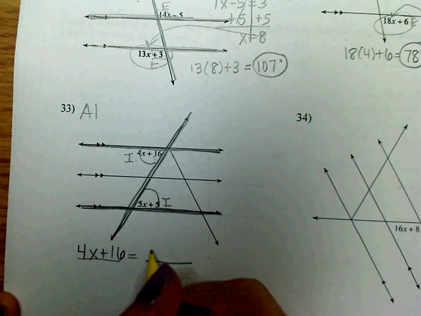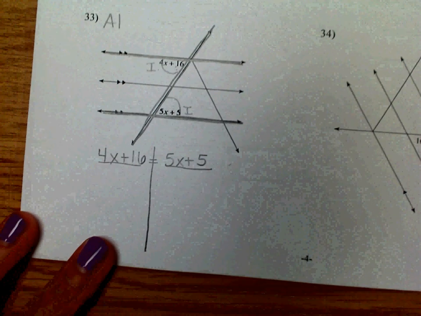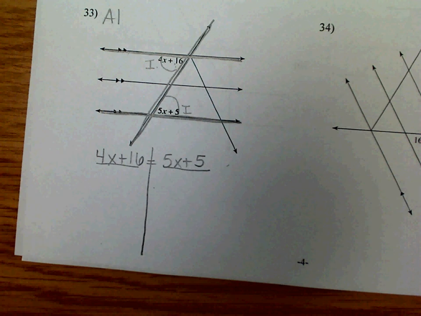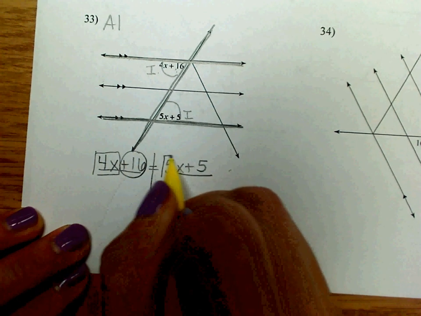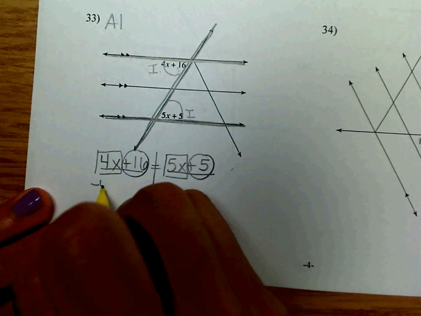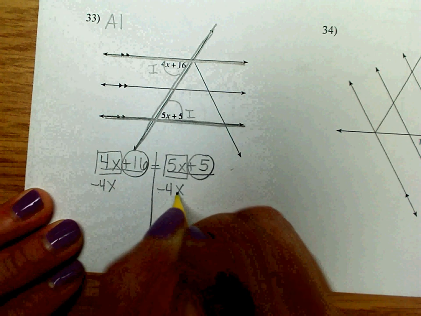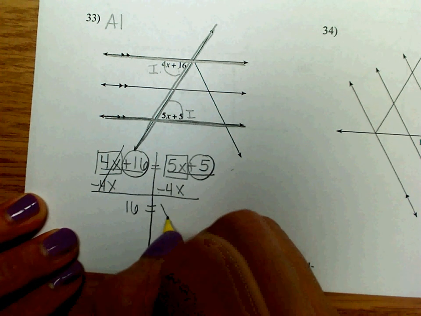Those of you that like the variable constant method, go for it, pause it, and then come back and join and see if you got the same answer. All right, I'm going to subtract 4x from both sides. And then I get 16 equals 1x plus 5, subtract, subtract.